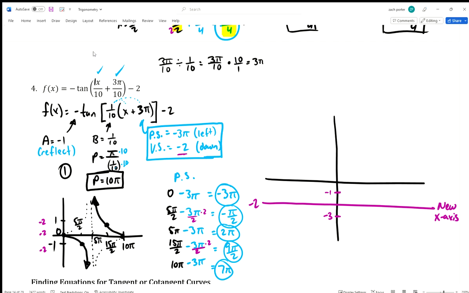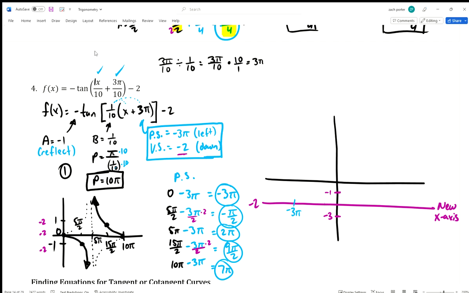Now that we've got the new x-axis ready, we're going to plot all of those x values from the phase shift on this purple line. All right, so let's set it up. Notice the first two are negative. So again, I'm going to try to make it evenly distanced apart. So here's -3 pi.